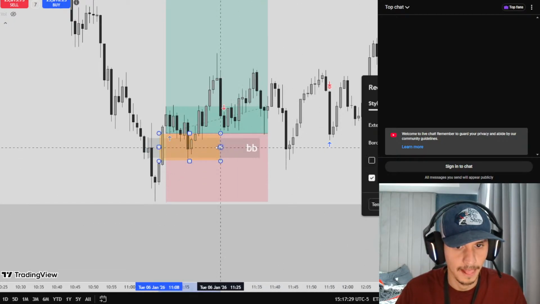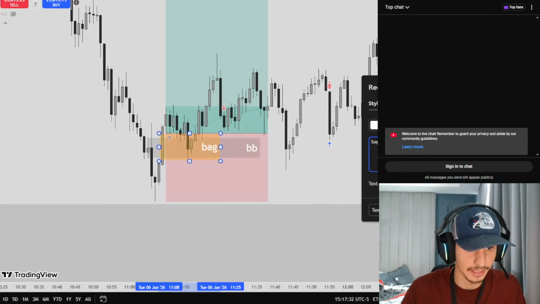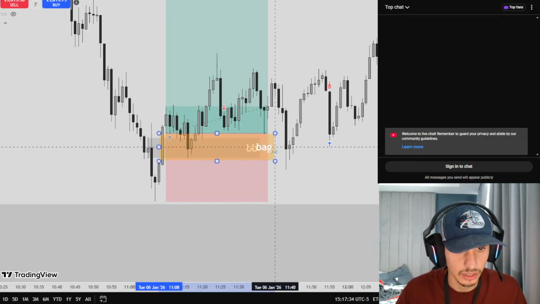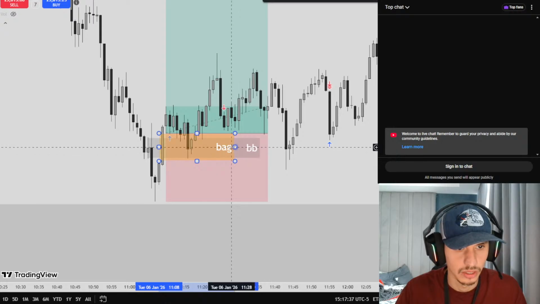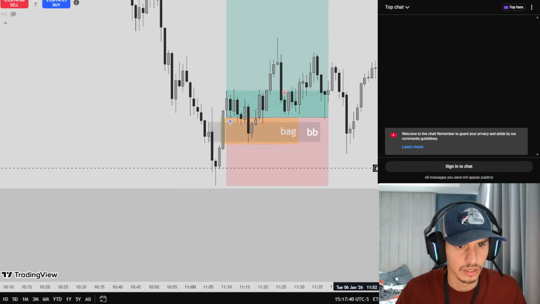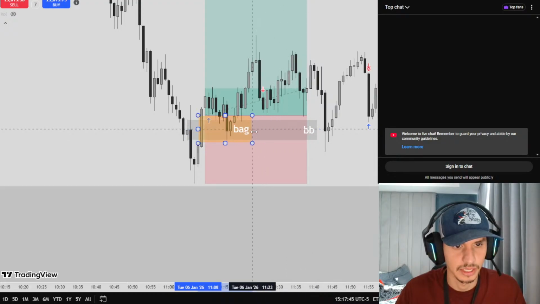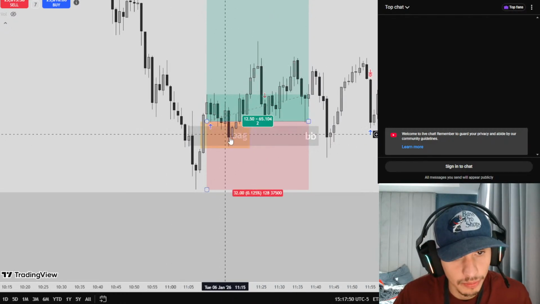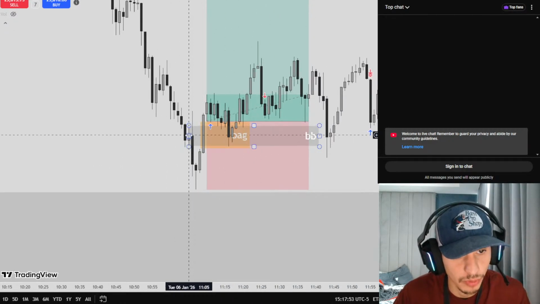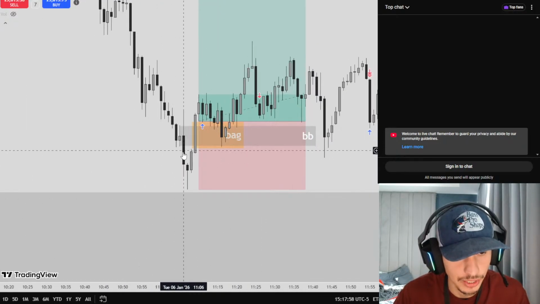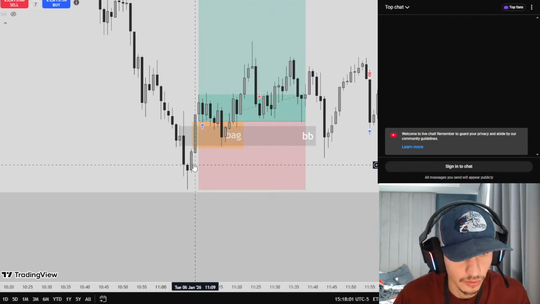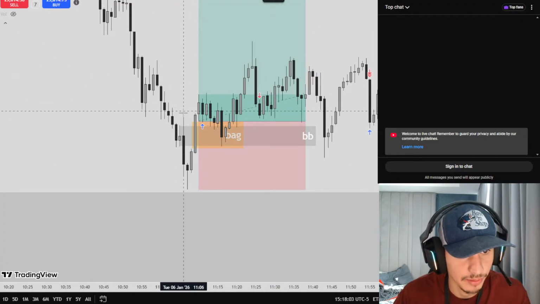And this is our breakaway gap. I'm gonna extend. So we have our breaker block, which is this bearish order block that trades into the 15-minute FVG. We displace with momentum, making a market structure shift right there.